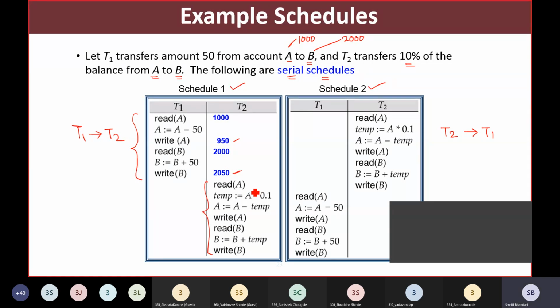So T2 is reading A's balance. What is being read here? What is the balance of A that is seen by T2?